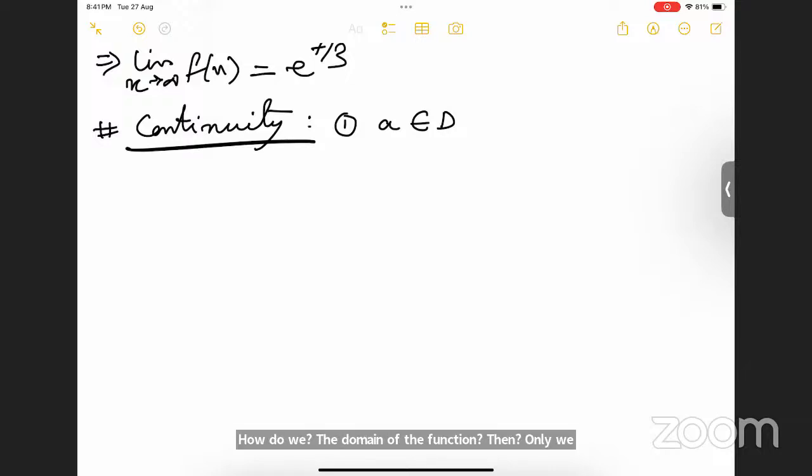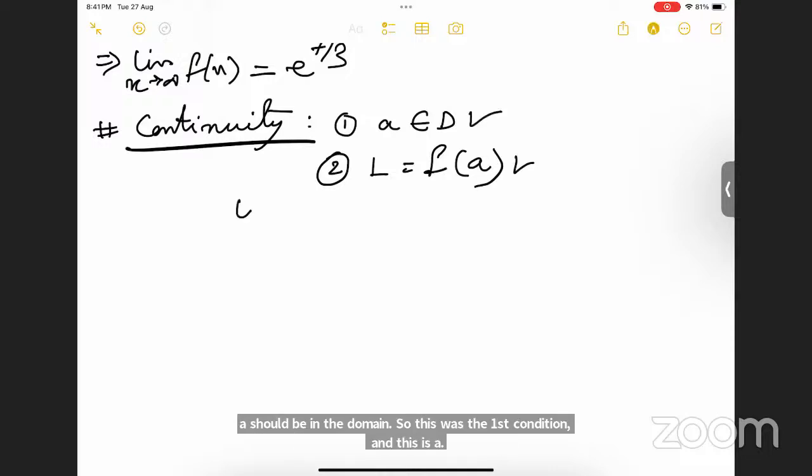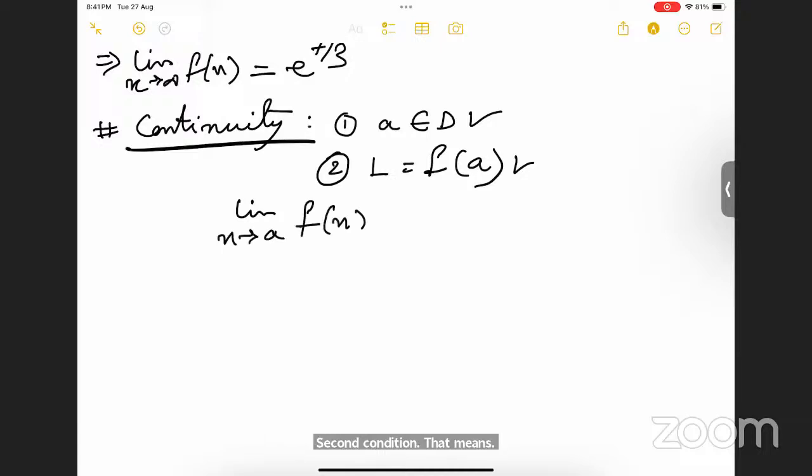And the second thing is that the limit equals f of x. It is the definition of continuity. If a were not in the domain, then f of a may not be defined. So a should be in the domain. This is the first condition and this is the second condition: the limit as x extends to a of f of x equals f of a.